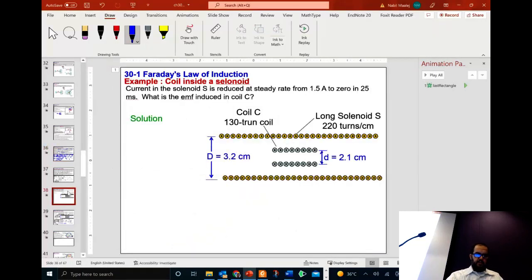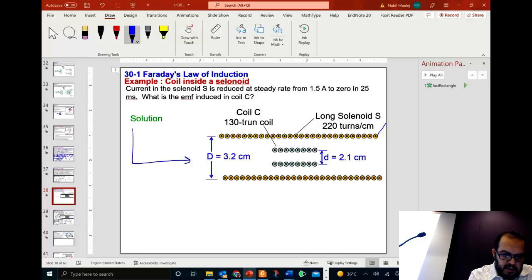Okay, another problem. So here we have a solenoid inside a solenoid. This one is solenoid S. The current in the solenoid S is reduced at a steady rate from 1.5 amps to 0 in 25 milliseconds. So let's draw it. This is the current in this solenoid.